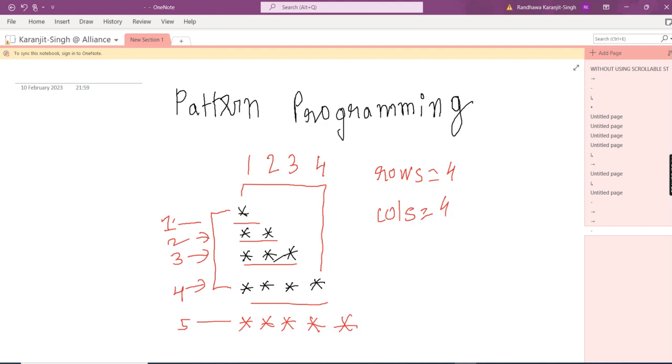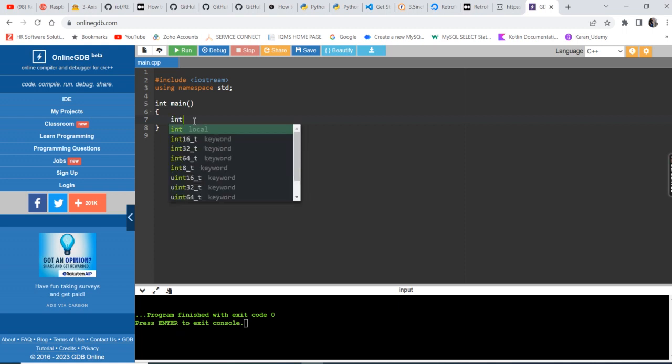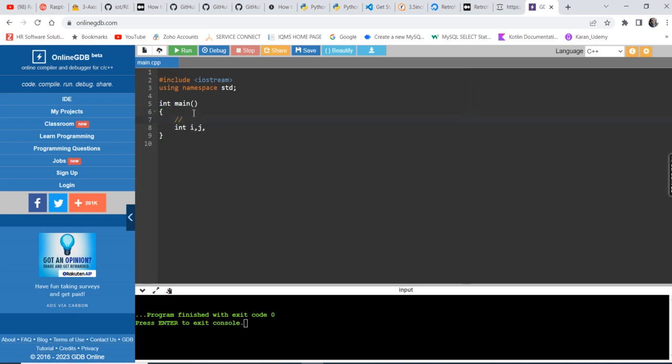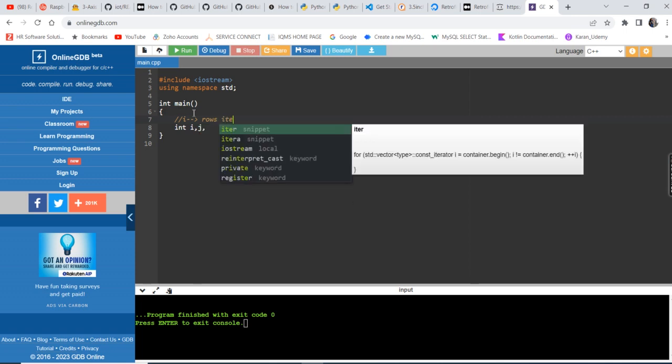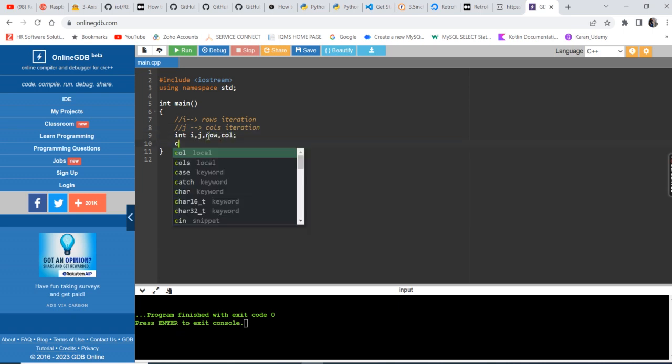So let's code it and understand the solution. I is for rows iteration, and J for columns iteration, right? So let us take the number of rows.